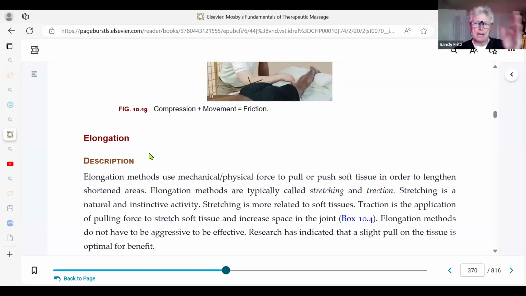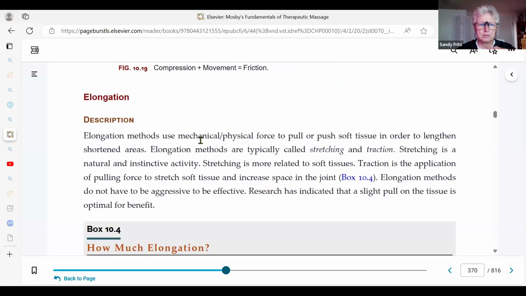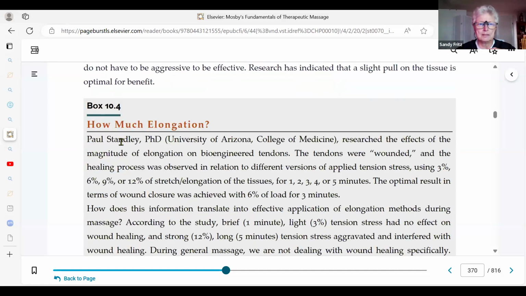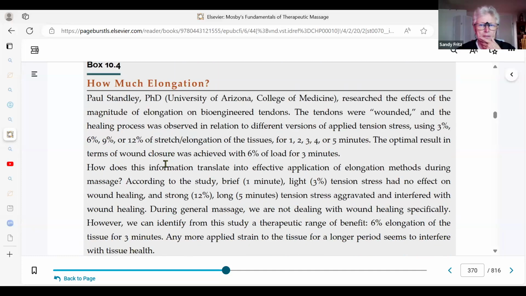So you have to think back to your essential science studies when we were looking at the joint chapter here, as well as the muscle chapter. So this box right here, I actually know Paul Stanley, and he's done a lot of research relative to massage therapy, and he was the scientist way back in 2007.